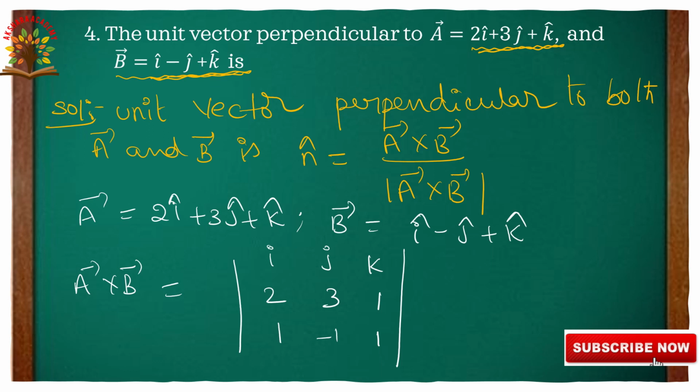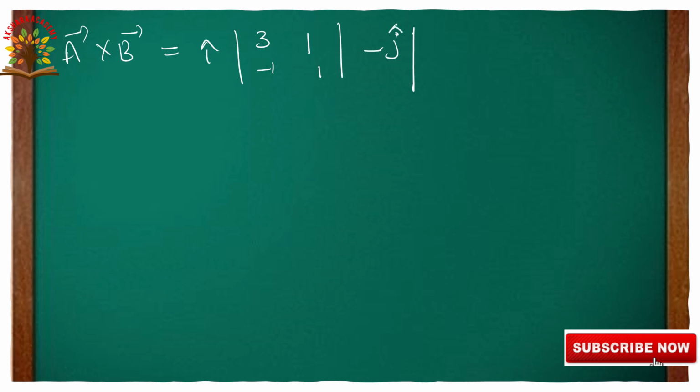Next, a bar cross b bar is equal to i cap determinant of 3, 1, minus 1, 1 minus j cap determinant of 2, 1, 1, 1 plus k cap determinant of 2, 3, 1, minus 1.